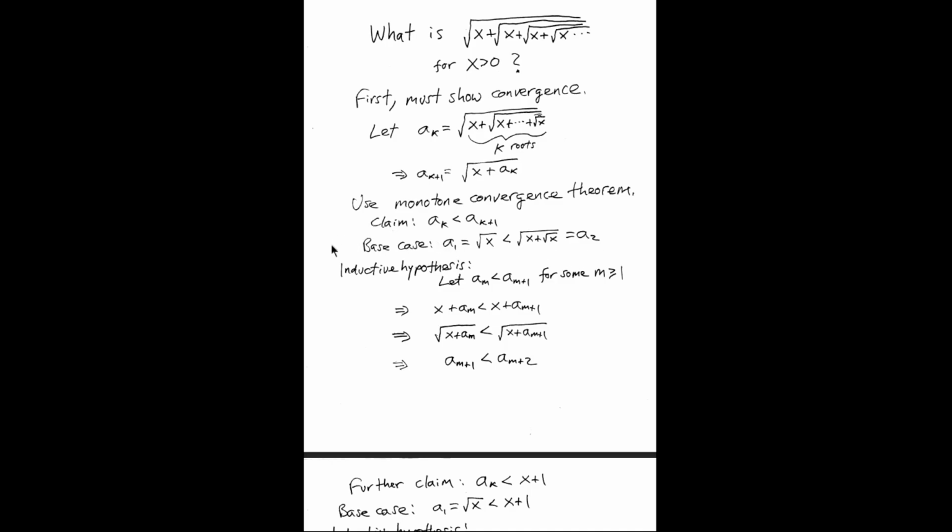Now, for the inductive hypothesis, we're going to assume that a sub m is less than a sub m plus 1 for some m greater than or equal to 1. Well, adding x to both sides, this implies x plus am is less than x plus am plus 1.